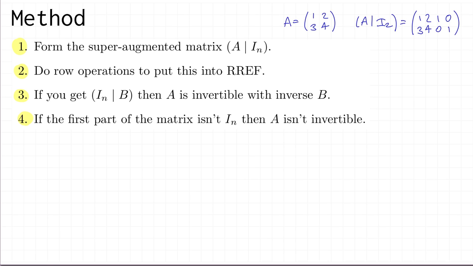So let's go on to this part 3. Let's go back to there and say, why is this true? Why does this work? Why is it that the B part of this matrix is actually going to be the inverse of our original matrix A? We've done a sequence of row ops, so let's give notation for those. Let R1 be the first row op you did, up to RK be the row ops.